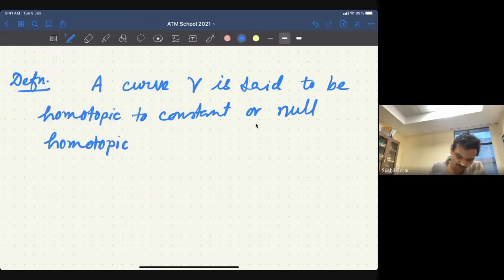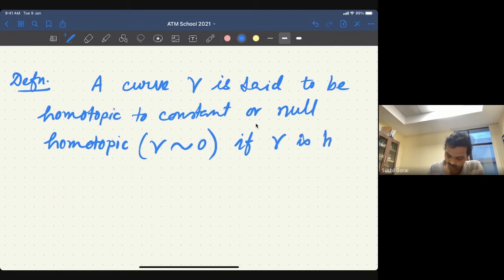This is the notation: gamma is homotopic to 0.